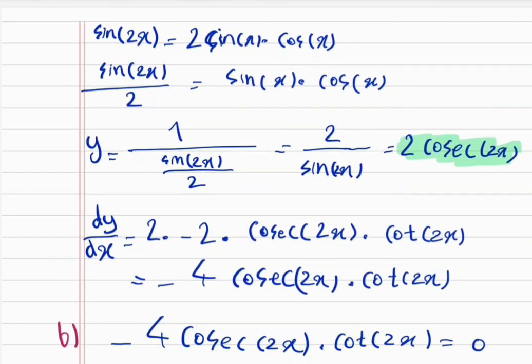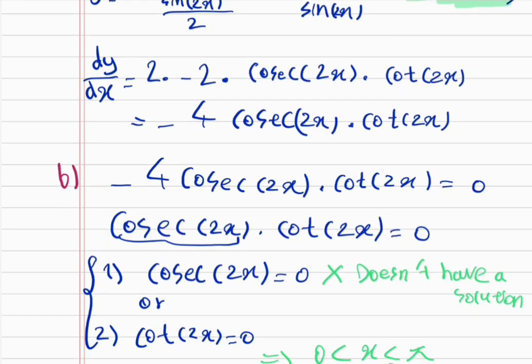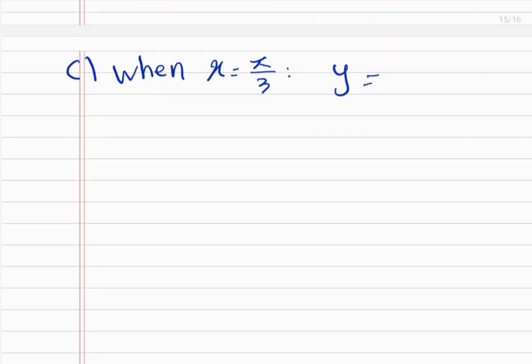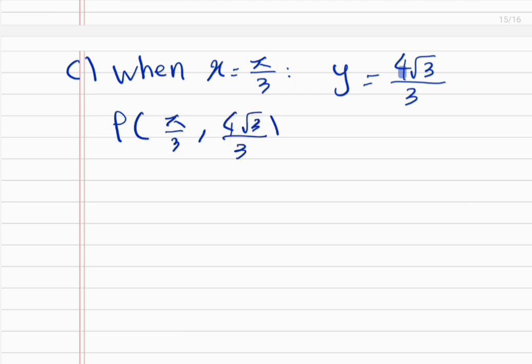So we just need to substitute the value of x, which is pi over 3, into here, and that gives us the y coordinate of the point, which is 4 root 3 over 3. So the point, let's call that P, is pi over 3, 4 root 3 over 3.